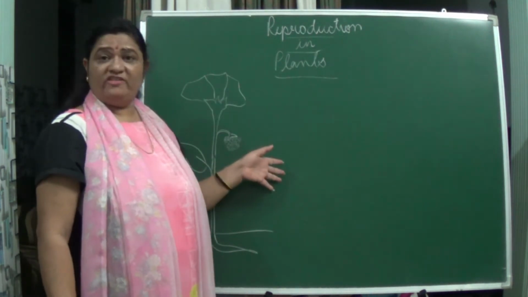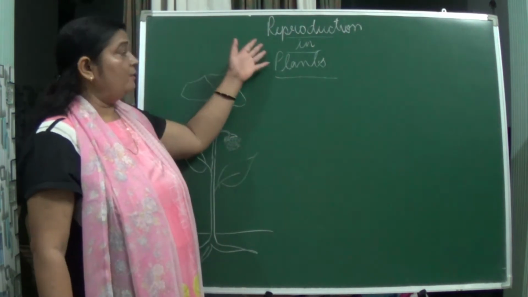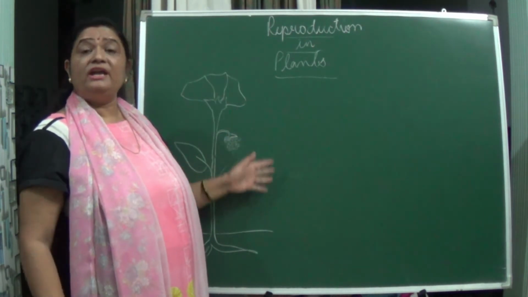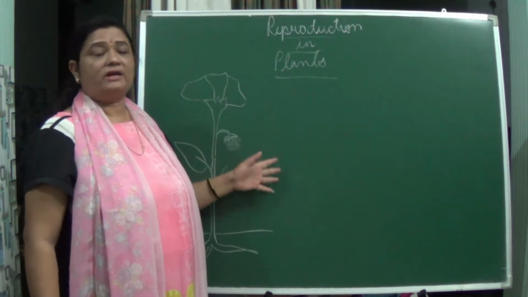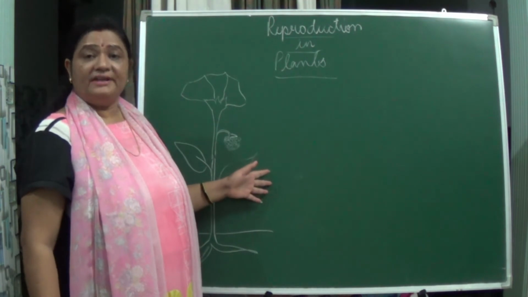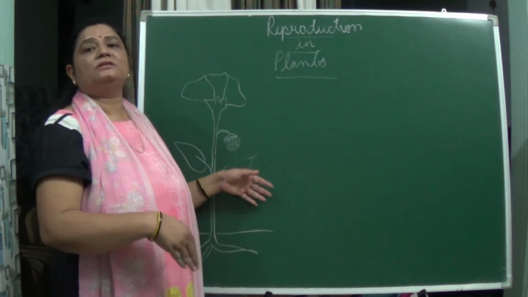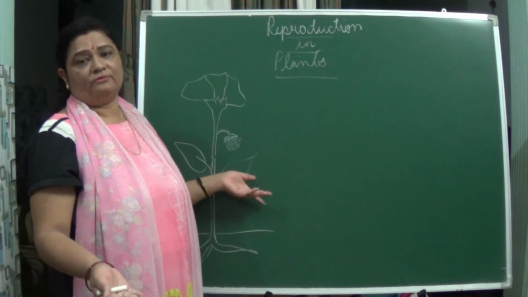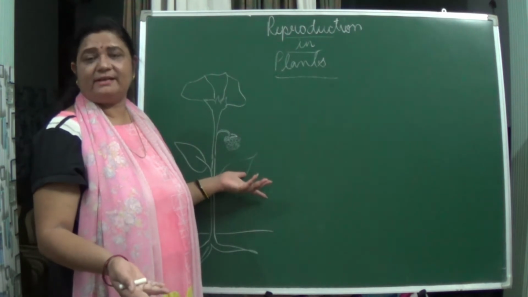So whether the plants or the animals, they carry out the process of reproduction in order to carry on their race. If the process of reproduction is not carried out, naturally that race will stop. And that is not good for the environment and for the living world, because it will become extinct, isn't it?